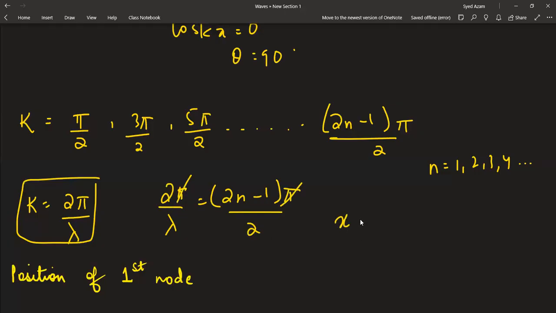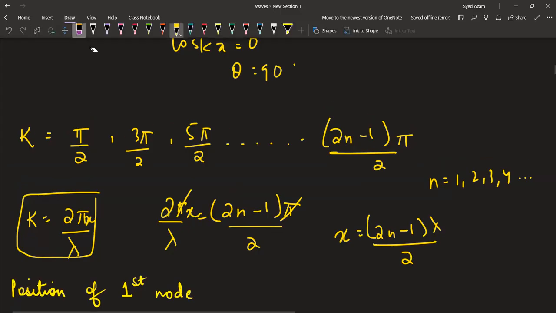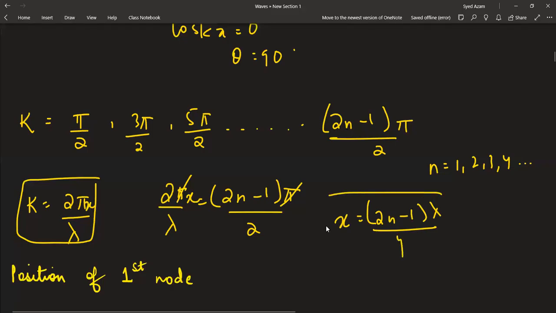I forgot the x here. Pi gets cancelled. So 2 pi x will be (2n minus 1) lambda by 4. Sorry, this 2 will also be multiplied, so this will be by 4. So remember this equation. This is the equation you need to focus on and remember.